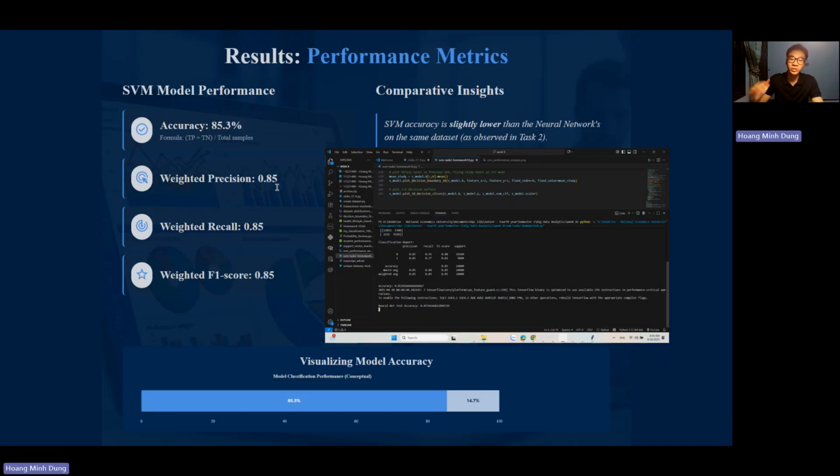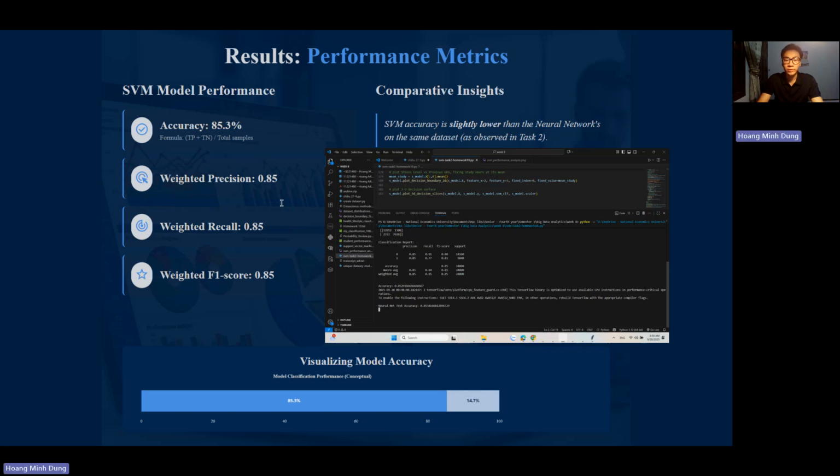From those confusion matrix values, we can calculate our overall performance metrics. The SVM model achieved an accuracy of 85.3%, rounded to 1 decimal.